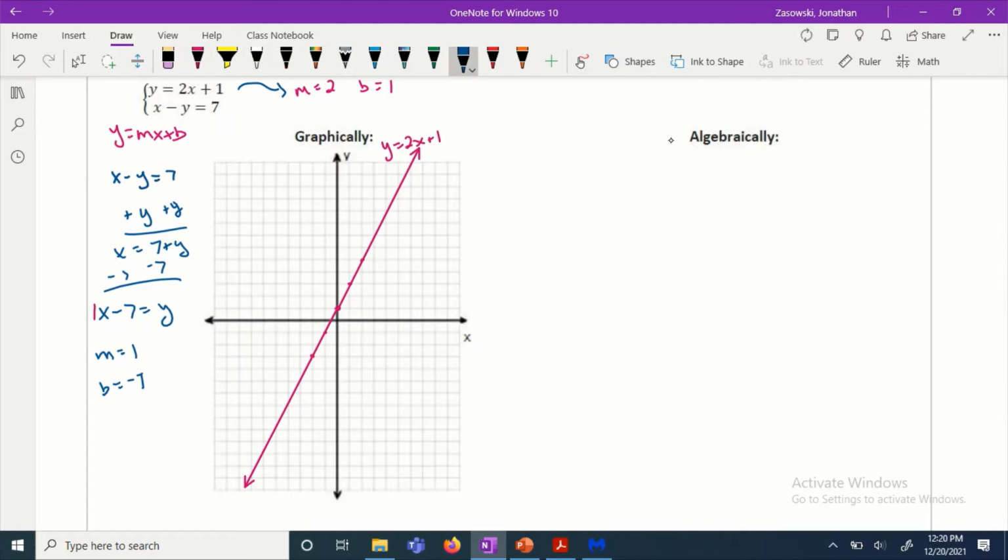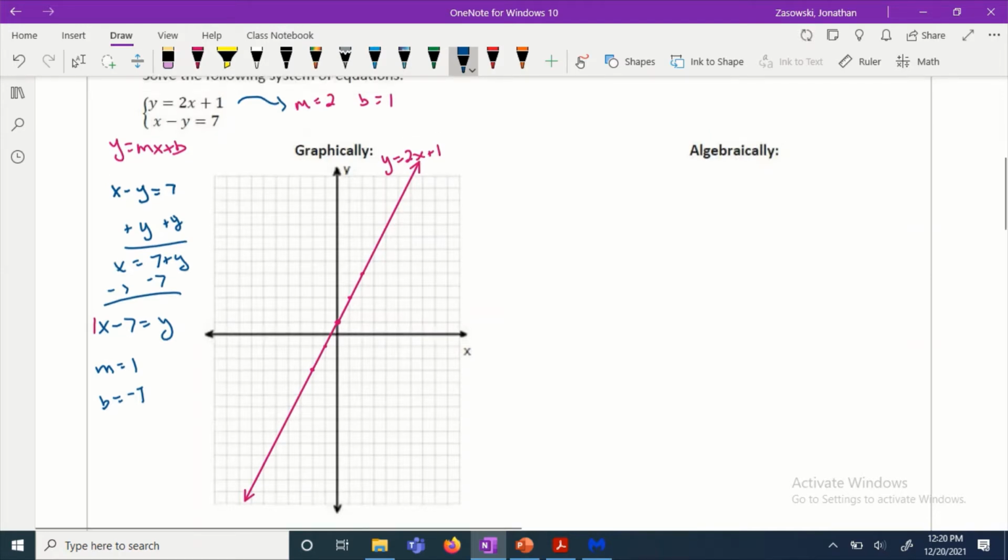So the y-intercept here is, sorry, negative 7. 1, 2, 3, 4, 5, 6, 7. And we're going down 1 over 1. And we can see about where they're going to cross there. So we'll use our line again.